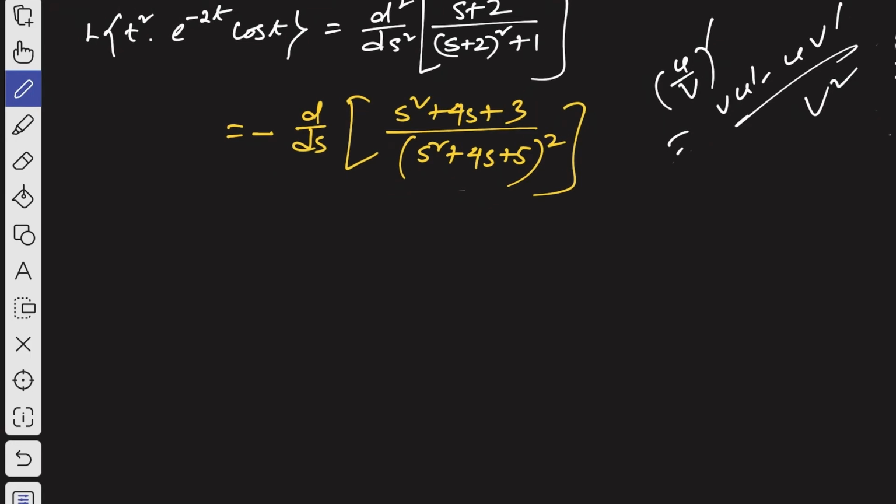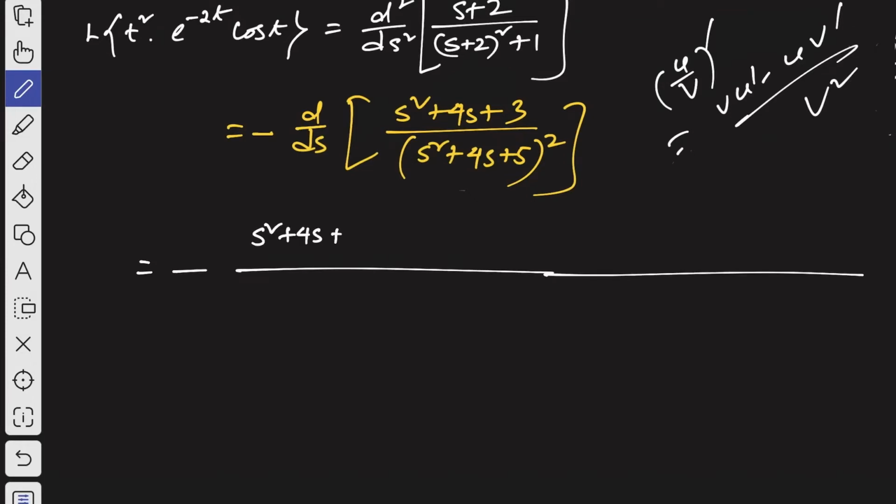So you get minus, the denominator (s square plus 4s plus 5) whole square, times the derivative of the numerator s square plus 4s plus 3, which is twice s plus 4, right?